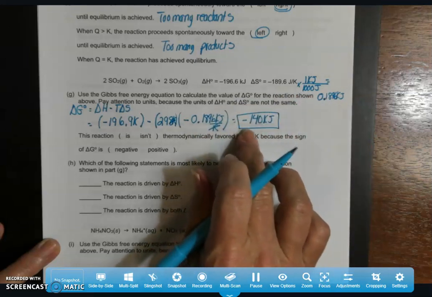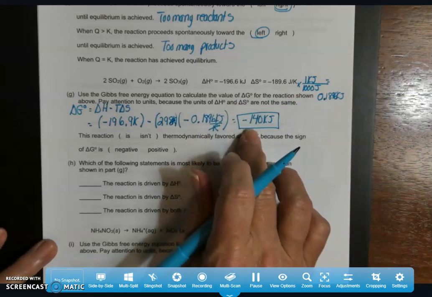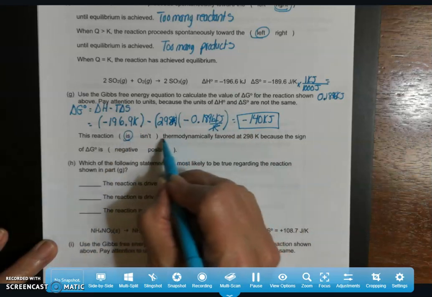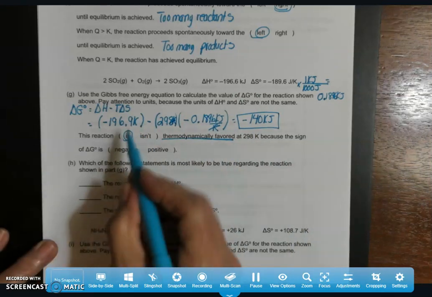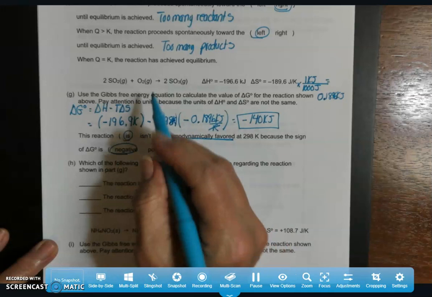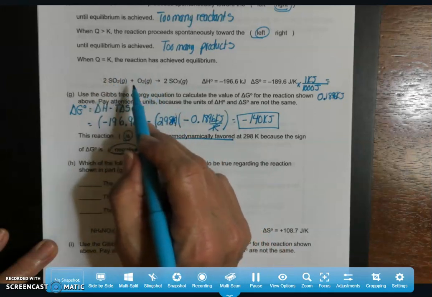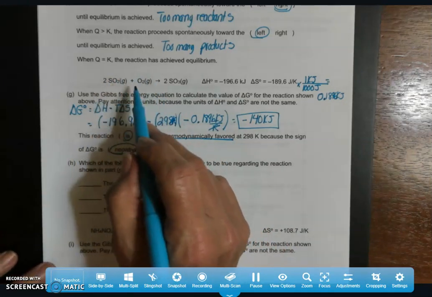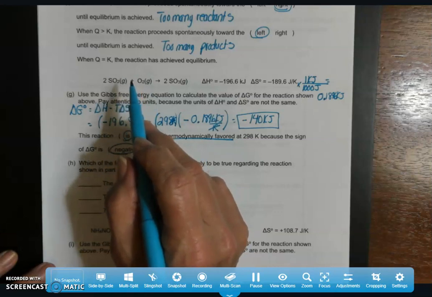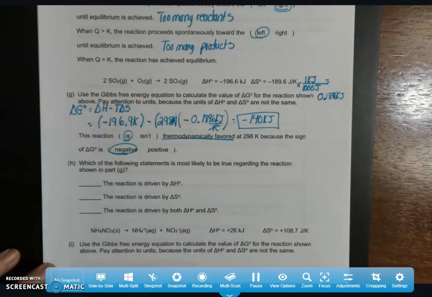Now, this means, since this is negative, this reaction is thermodynamically favored because the sign is negative. That means if I put these species together at room temperature and just let them sit, I will make SO3 in time. Maybe not quickly, but it will form.